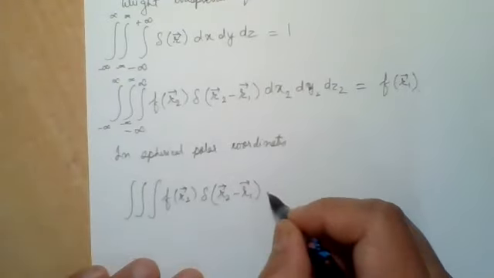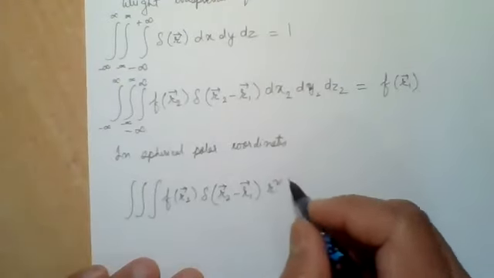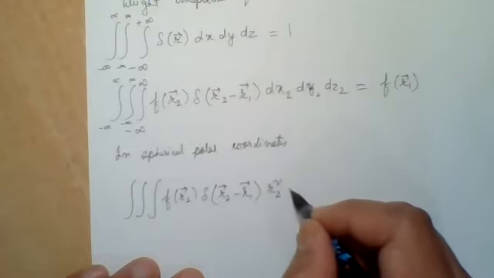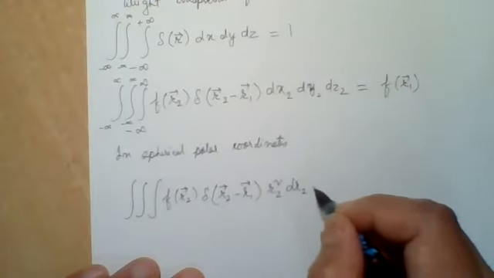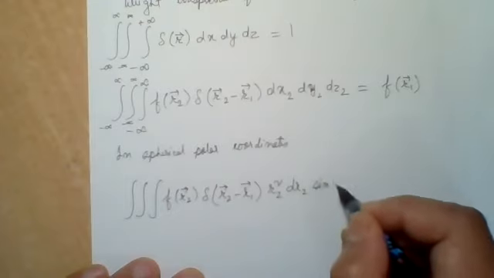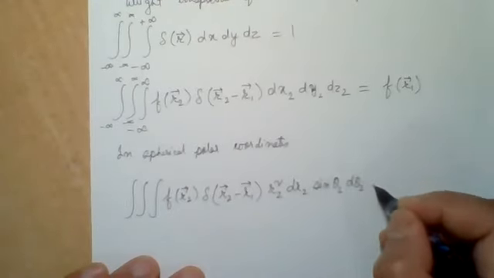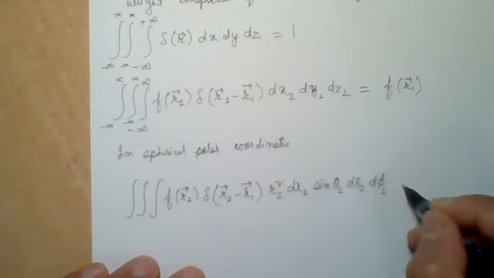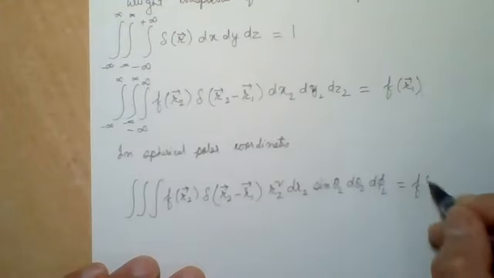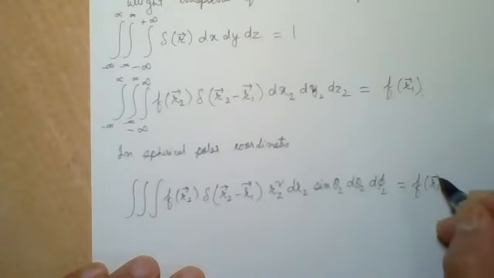Here we have r2 square dr2 sine theta 2 d theta 2 d phi 2. This is equal to f of r1.